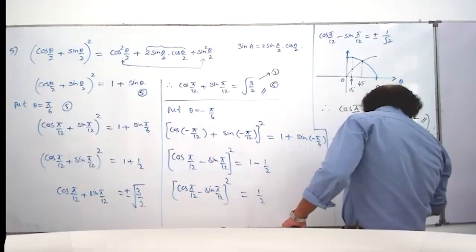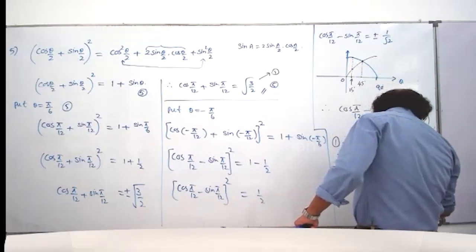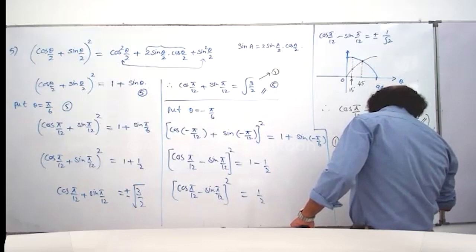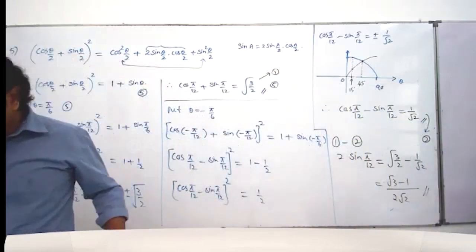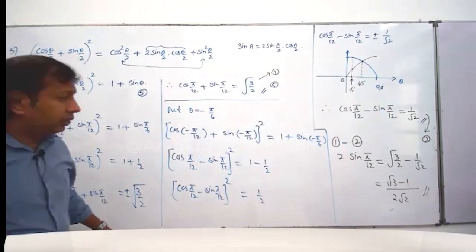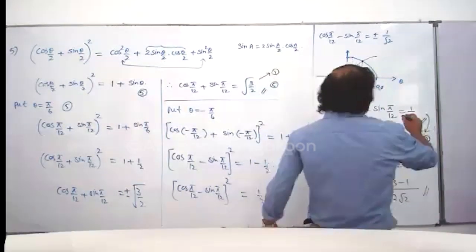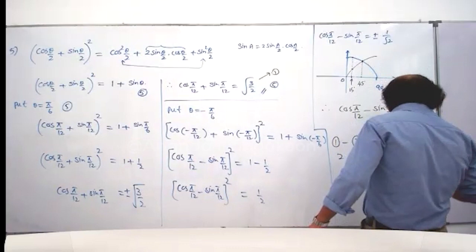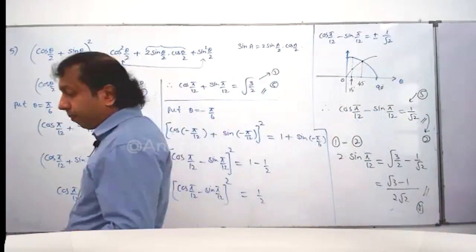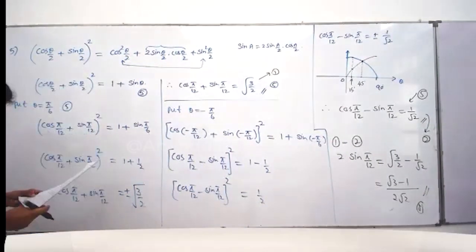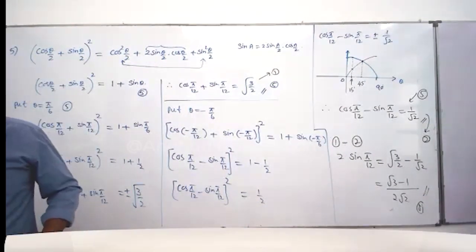This is nothing but root 3 minus 1 over 2 root 2. Right. So for this answer 5 marks. The final answer, this one, 5 marks. That's how we get the marks. Right. They are the pure part.